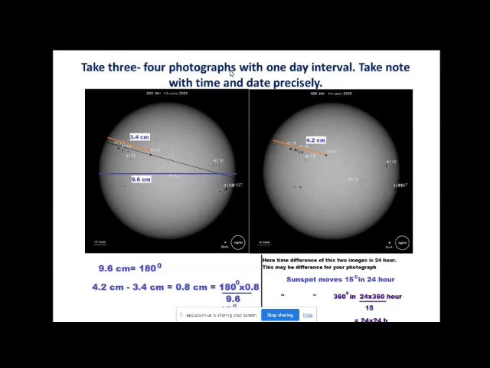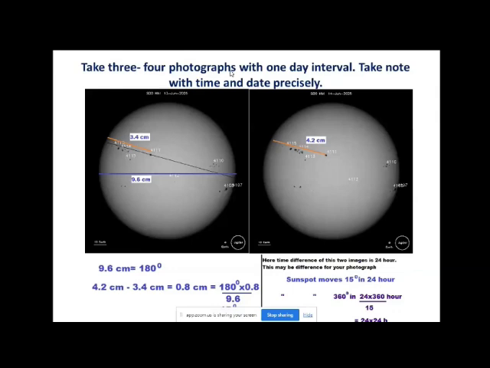This is 0.8 centimeters here. We have to relate the whole diameter to 180 degrees, so 180 degrees is 9.6 centimeters. I have measured 0.8 centimeters here, and a sunspot moves 15 degrees in 24 hours. Here is the calculation. I have measured this for this sunspot.